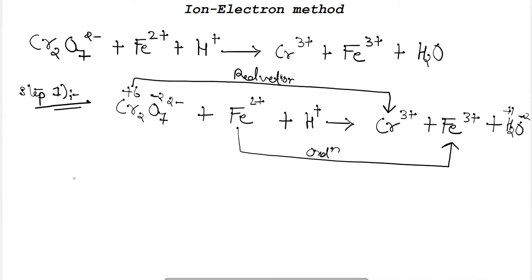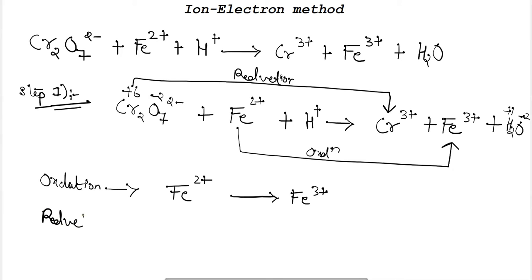So now we can take out two different reactions. The oxidation half reaction will be Fe2 plus gives Fe3 plus, and the reduction half reaction will be Cr2O7 2 minus gives Cr3 plus.